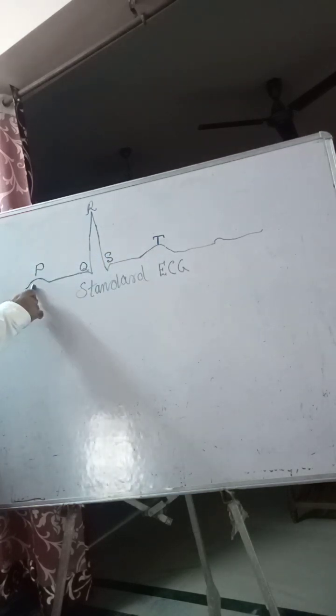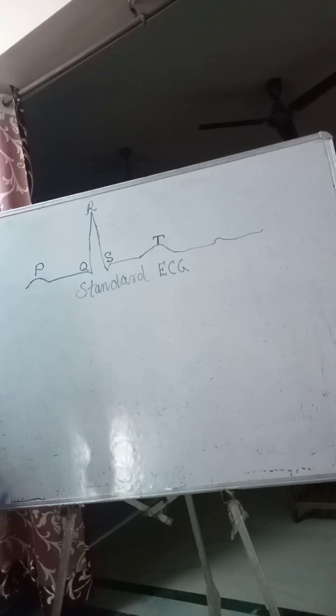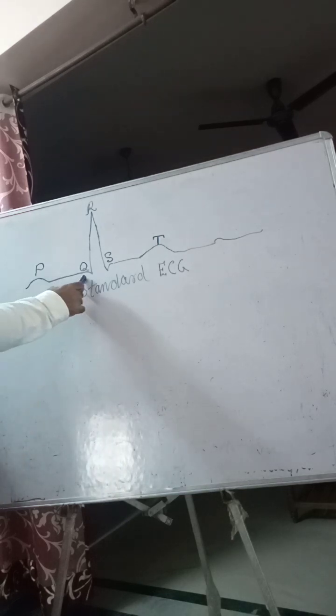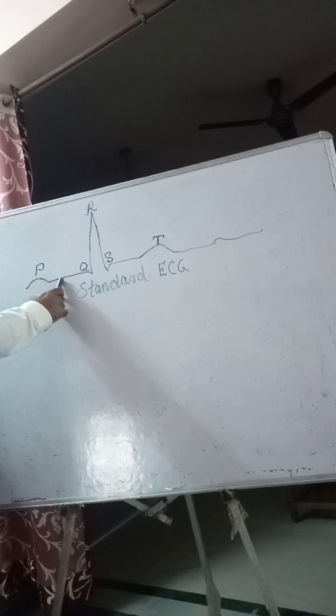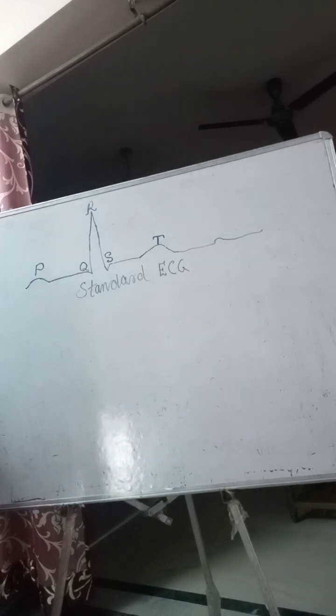The first one, P, is actually the depolarization of the auricles, causing the auricular systole. So this is the first depolarization, which takes place in the auricles, and then the action potential is conducted to the ventricles, and there also depolarization takes place.